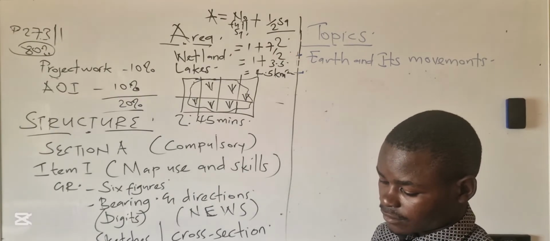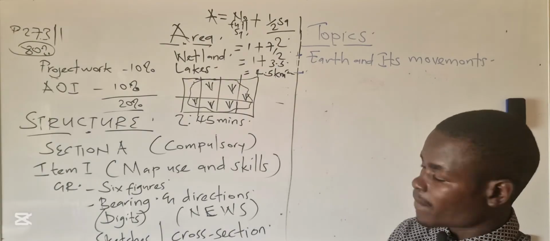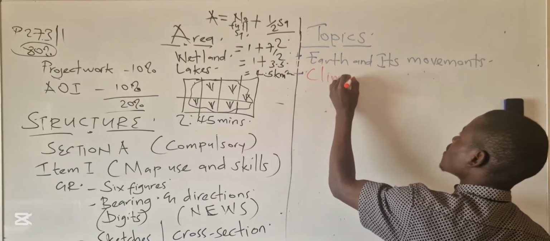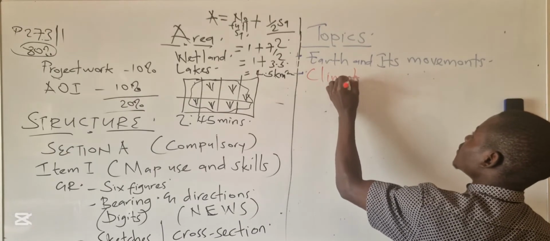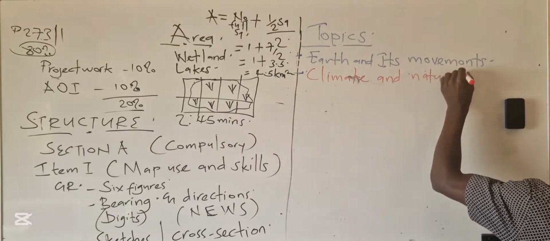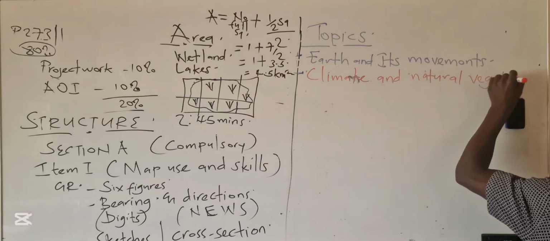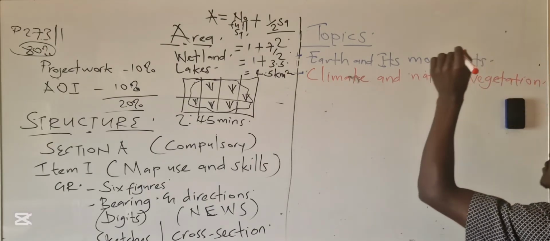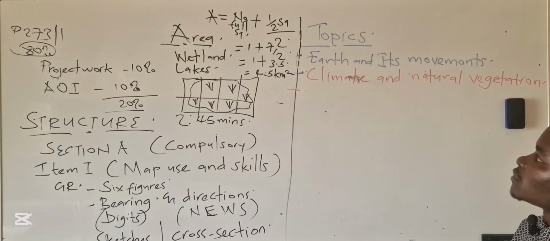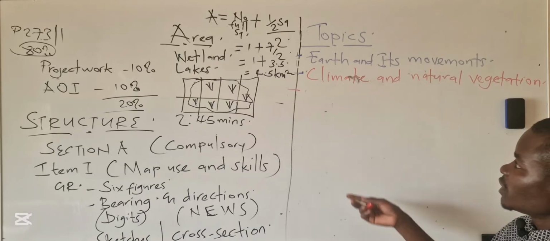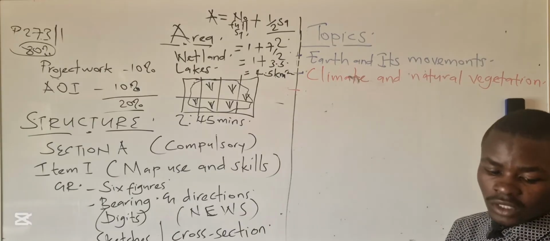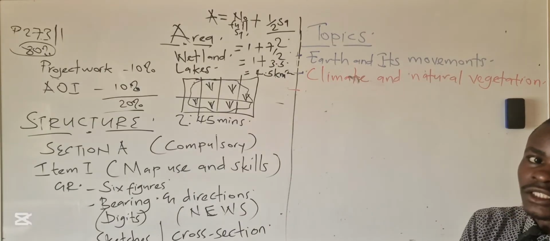Then the second topic, you may look at climate and natural vegetation. It is also a topic in book 1 and other books. You may find that it starts from book 1 and you keep on building up as you proceed to the next classes.